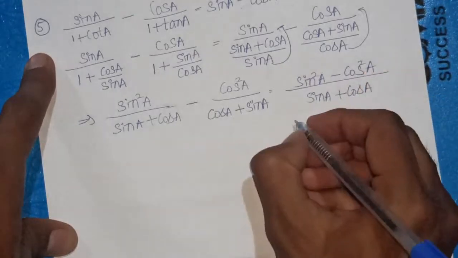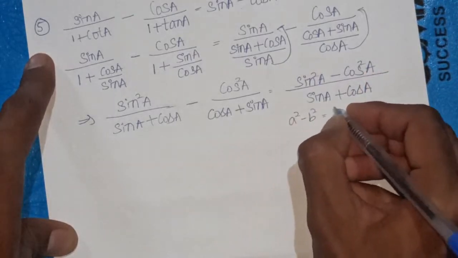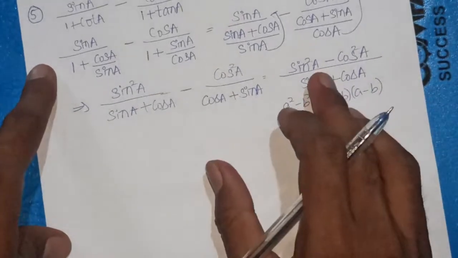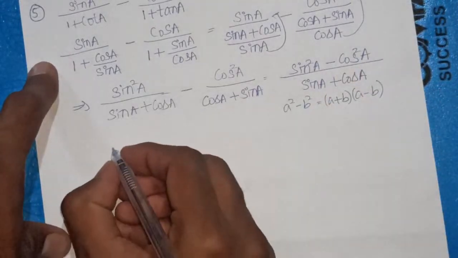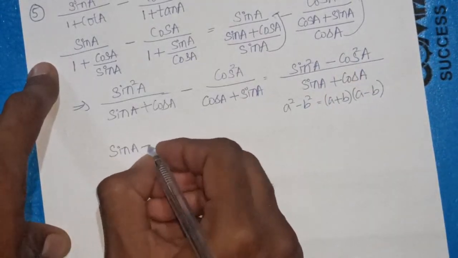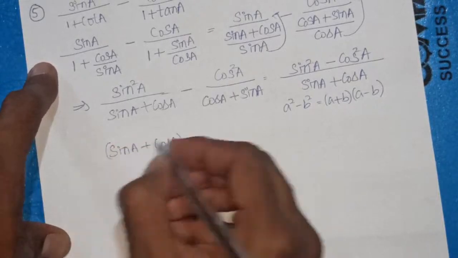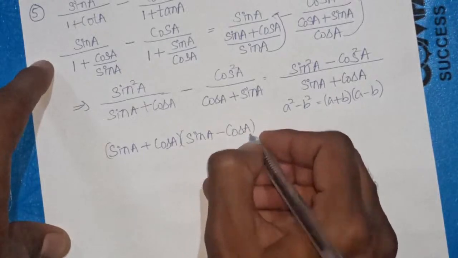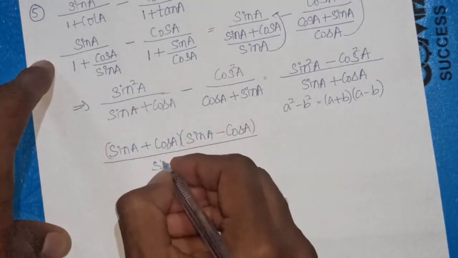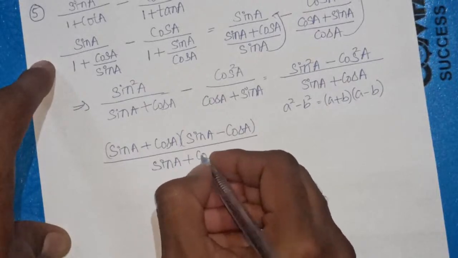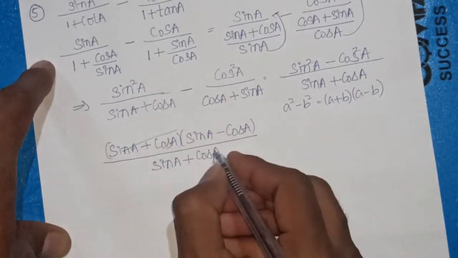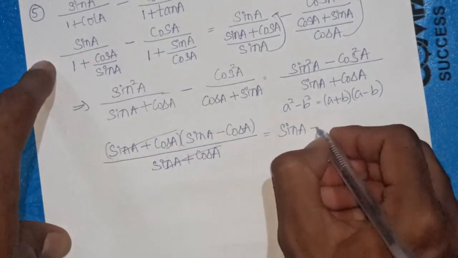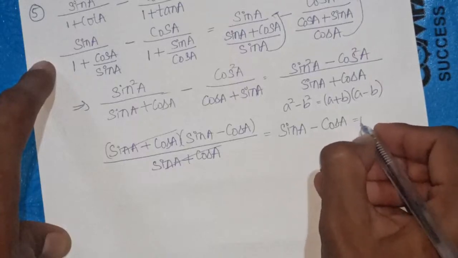A square minus B square can be written as A plus B into A minus B. Therefore, sin square A minus cos square A can be written as sin A plus cos A into sin A minus cos A whole divided by sin A plus cos A. Sin A plus cos A, sin A plus cos A can be cancelled out. We will be left with sin A minus cos A, which is our RHS.